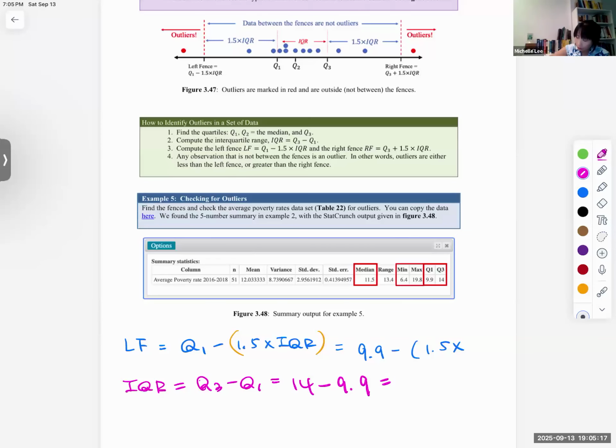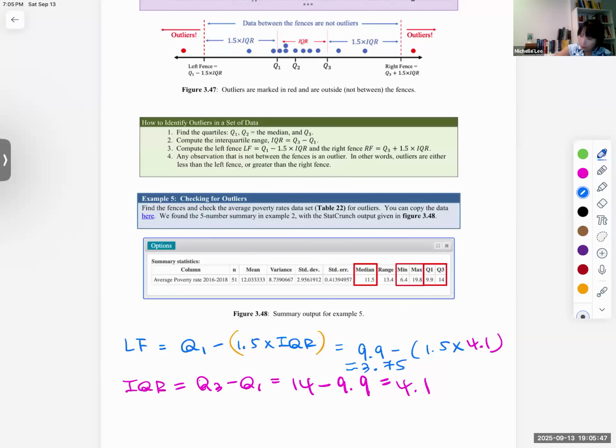Okay, so IQR is 4.1. Now, can you please calculate the lower fence, which is 3.75? Okay.